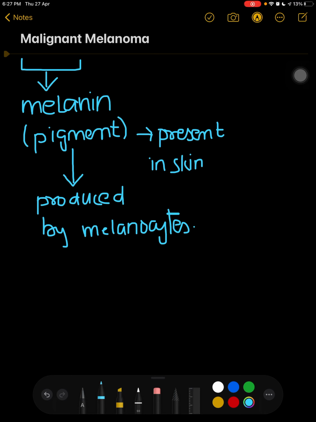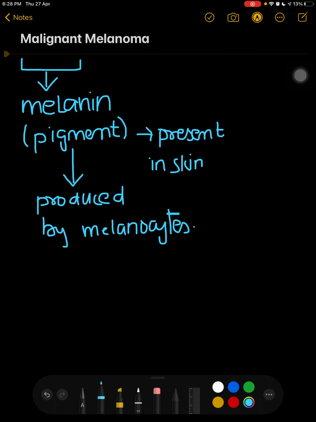Like you have looked around, some people are quite brown, some people are quite fair. It's just because of the level of melanin that's released in their skin. If you have a higher proportion of melanin, then your color is darker.